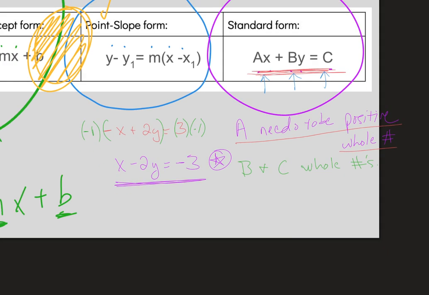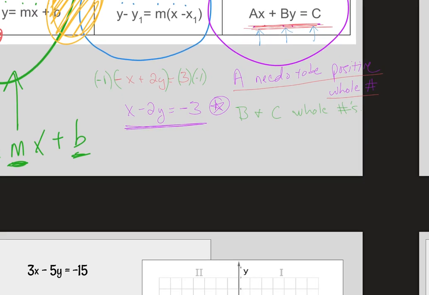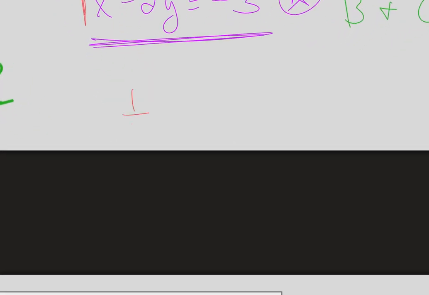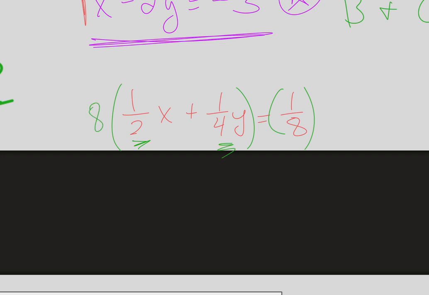That's standard form. And then they're like, okay, well, now what if the x is not the A right here? What if that's not 1? What if it's a fraction? And then I said, okay, 1/2 x plus 1/4 y equals 1/8. Let's multiply both sides by a number that will get rid of that fraction and that fraction, and the answer is 8.